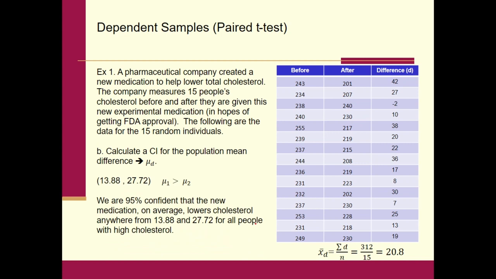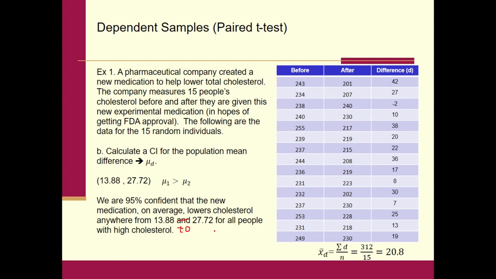So we would say something like this: we are 95% confident that the new medication on average lowers cholesterol anywhere from 13.88 to 27.72 for all people with high cholesterol. That probably should be 2, but I'm not going to redo the video at this point. So we're pretty sure that cholesterol is going to be getting better for these people, somewhere between 13.88 and 27.72 units better.